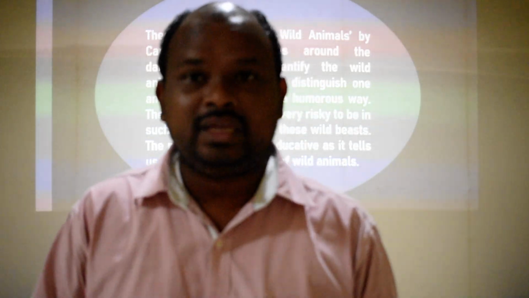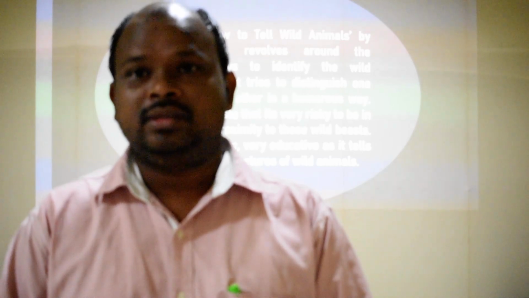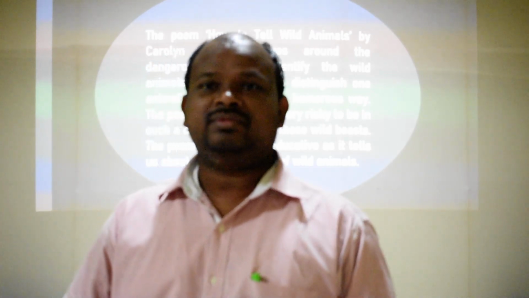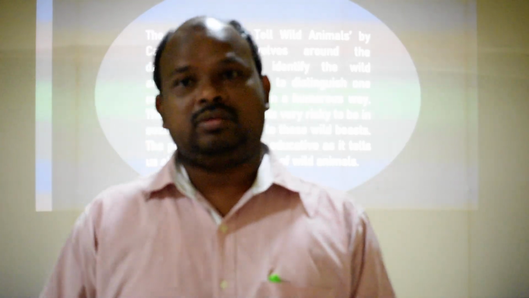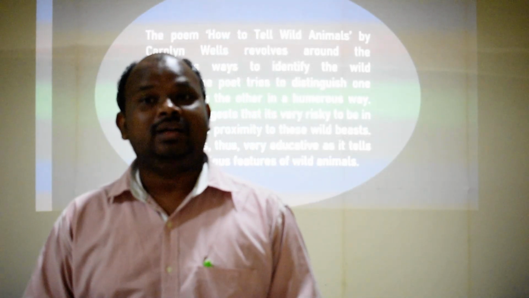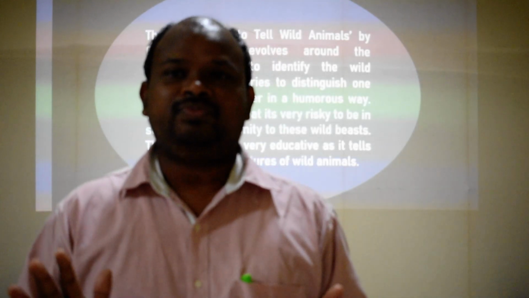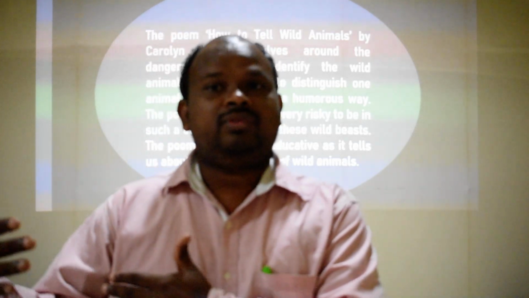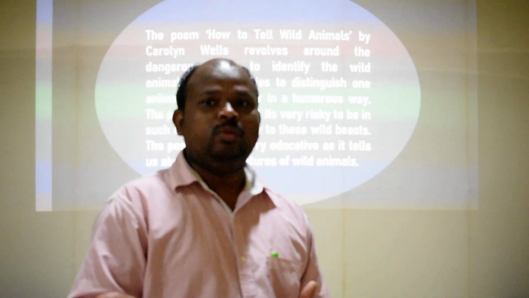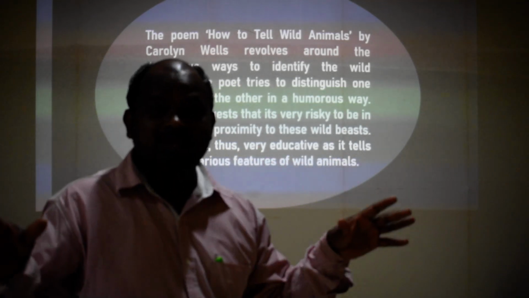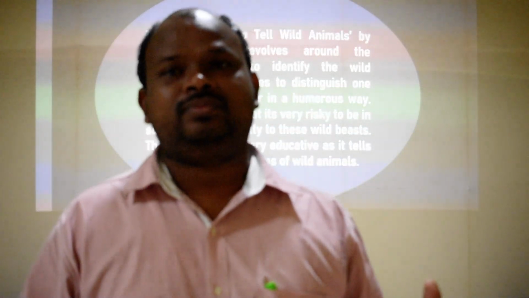As we know, animals are dangerous because it's not pleasant to go to the animals and talk to them, because they are different species, though they belong to the animal kingdom. We also belong to it, but we are rational animals. So it's dangerous to go to the animals and interact with them. We need to keep away from them. If we go close, we know what would happen. That's what she is trying to explain, to identify the animals and how dangerous they are.